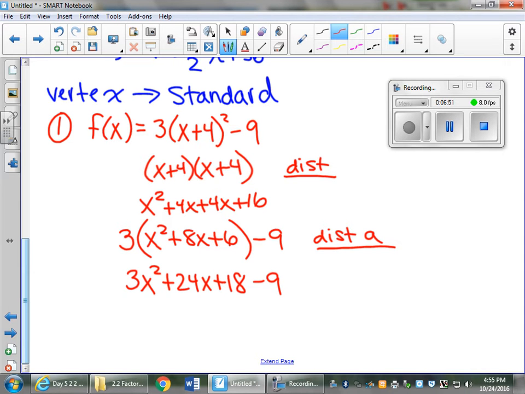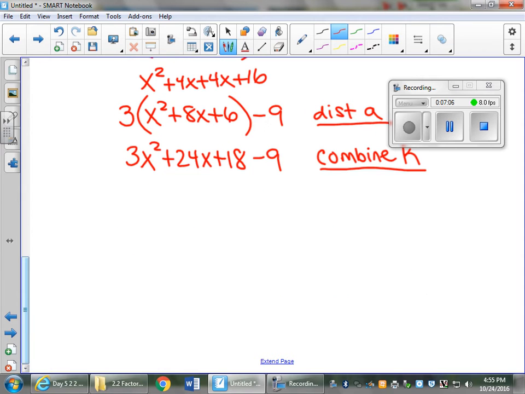And the very last step is to combine the k. Make sure you save that to the end. A lot of students try to do that too soon. It should be distribute, then distribute the a, and then combine with the k. So our final function, now in standard form, is 3x squared plus 24x plus 9.